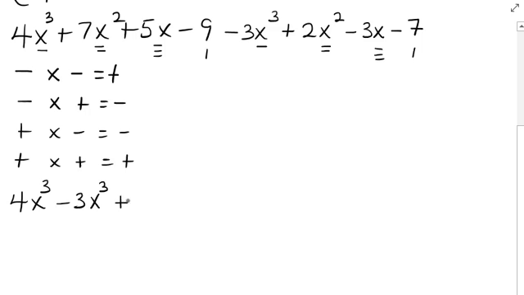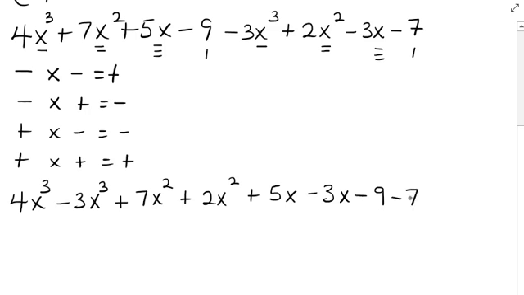Then plus 7x squared, then plus 2x squared, then plus 5x, then minus 3x, then minus 9, and minus 7. So we've grouped like terms together.